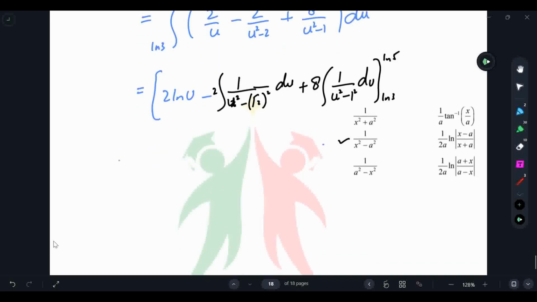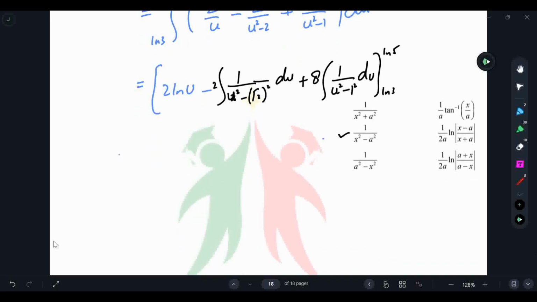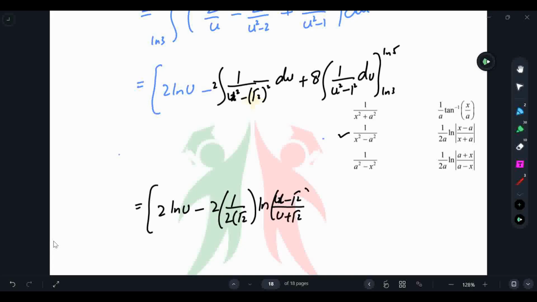Now just apply the formula. How can we apply it? We can write it as 2 natural log of u minus 2. Now here we can see our a is square root of 2, so we can write it as 1 by 2a, where a is square root of 2: natural log of u minus square root of 2 divided by u plus square root of 2.